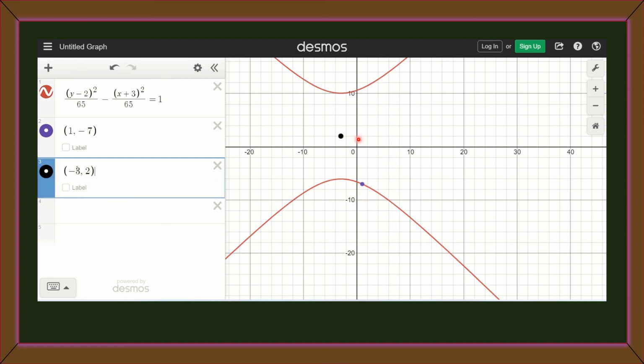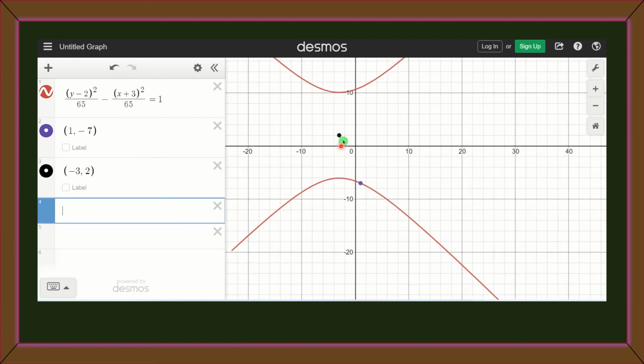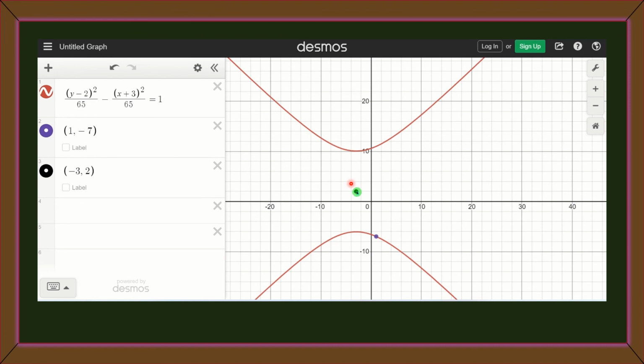So we have the center at (-3, 2). Then all the conditions given in the problem are met by the equation, so our answer is correct.